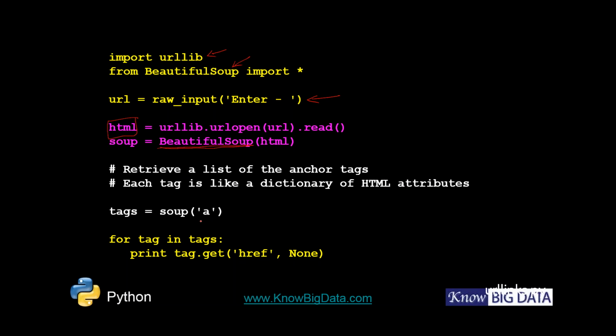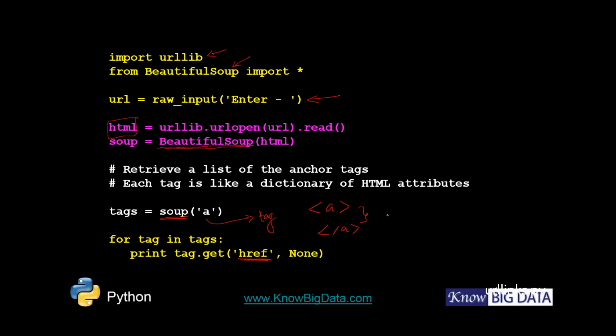So soup is the method which is going to find out the tag A. What is this? This is a tag. That's going to find all the tags inside the tag A, and it is going to see if we have got anything with href.